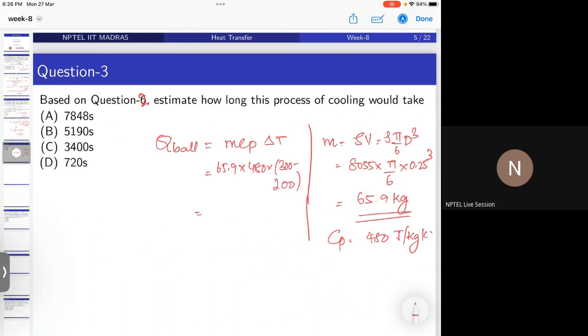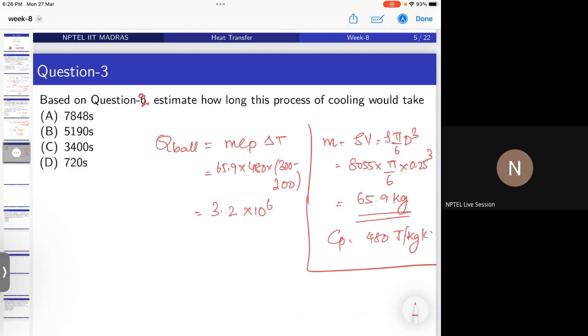Can you please find out what is Q board? 3.2 into 10 to power 6.